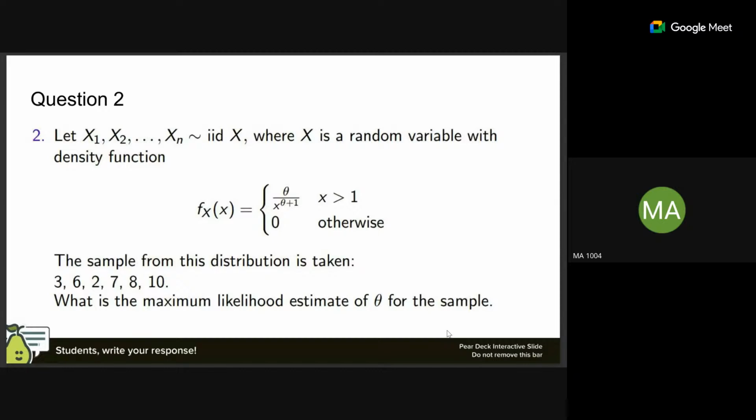It will give us some value for theta, that is the estimation for theta. Then we will put the sampling values in, and accordingly we get the maximum likelihood estimator for this particular sample.